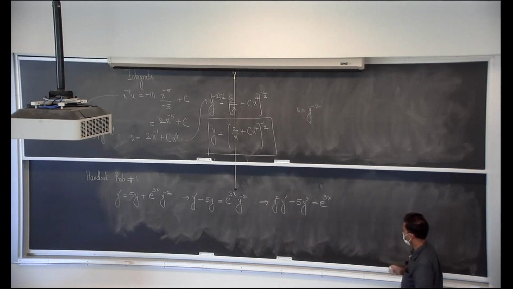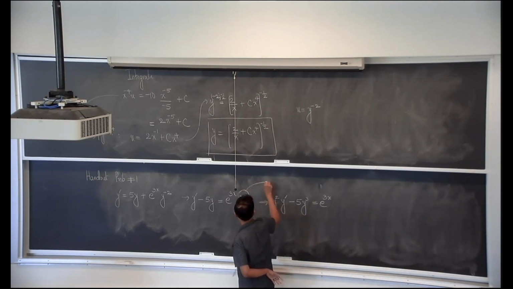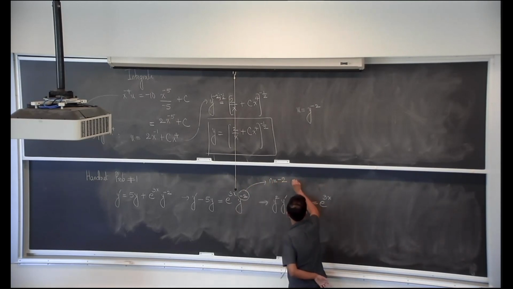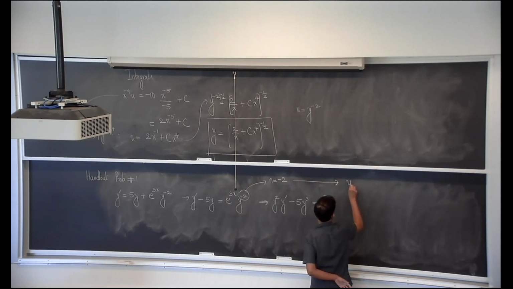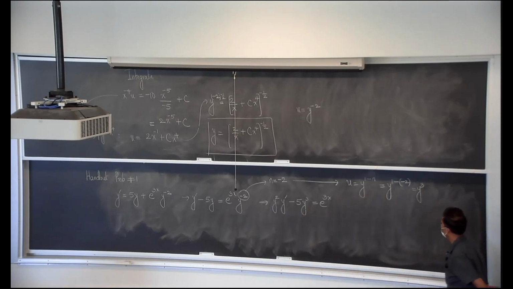So multiplying both sides by y squared. Okay. All right, so we have y to the 3 in the right place.